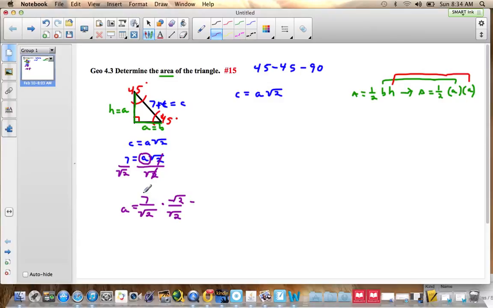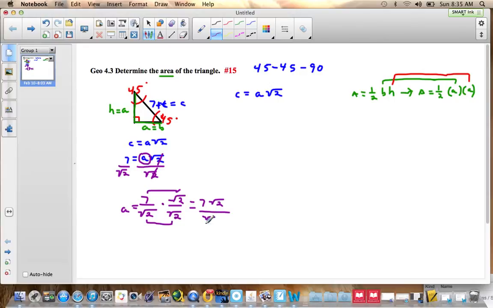So now what I've got to do is take 7 times the square root of 2, which gives me 7 square root of 2 over, and then when I take the square root of 2 times the square root of 2, I have the square root of 4.